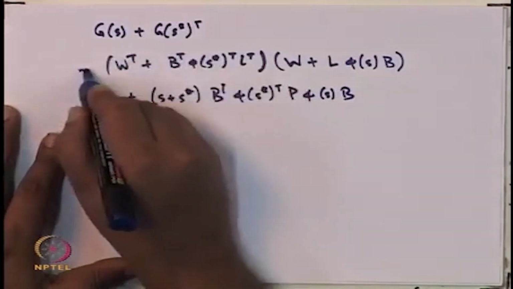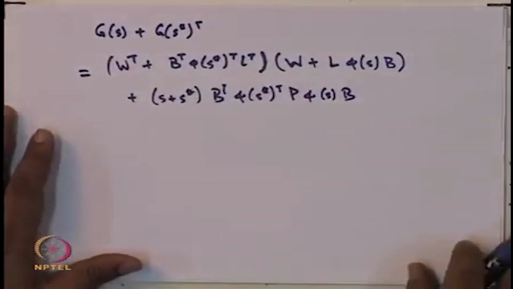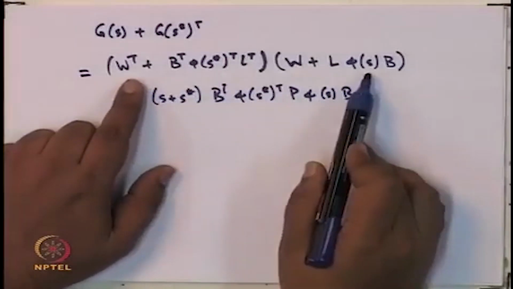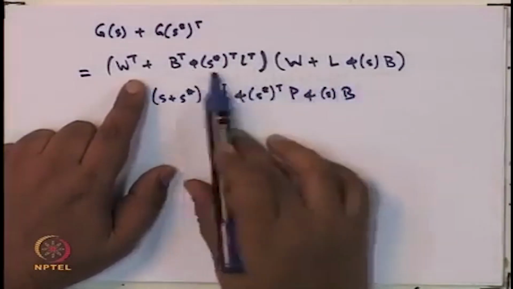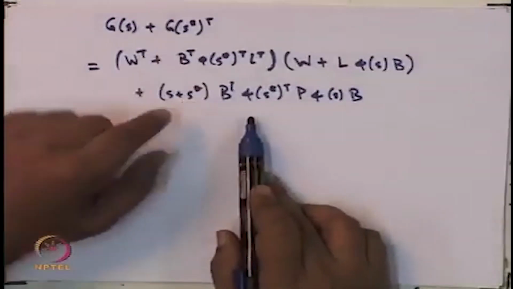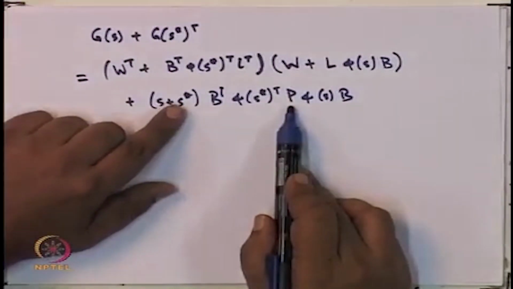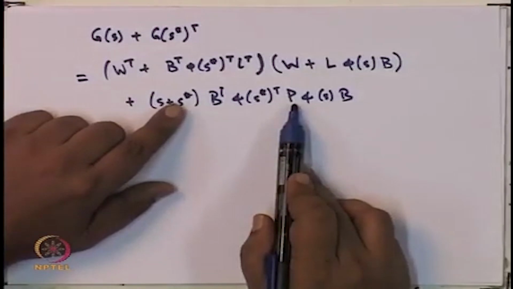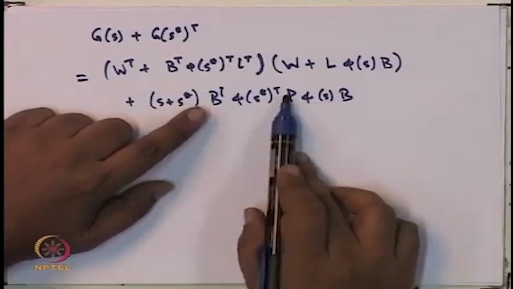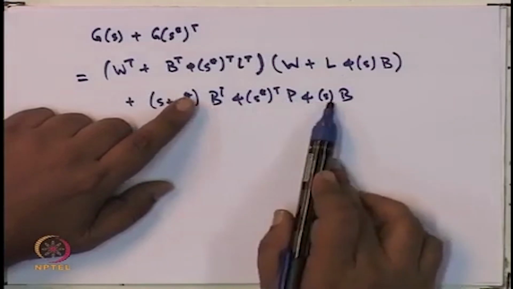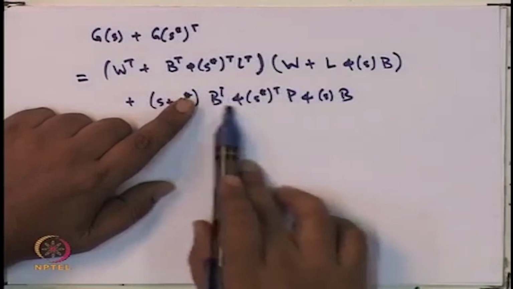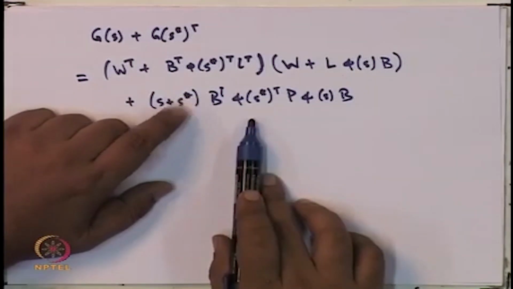This is equal to this whole expression. Now, this is really a square, so it is always going to be positive. And P, the assumption was that P is a positive definite matrix, so this is something acting on a positive definite matrix, and as a result it is positive.